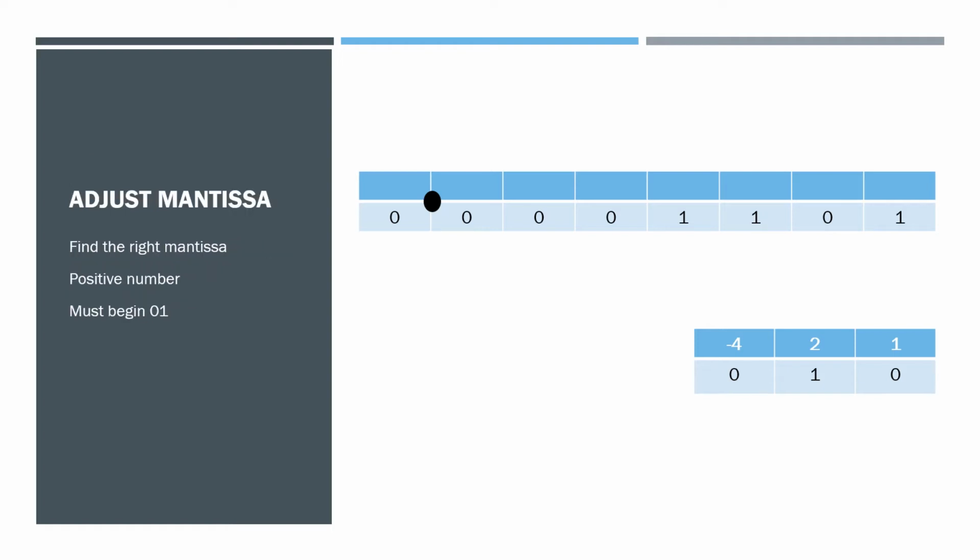Okay, so the first thing we've got to do is adjust the mantissa. I expect you can see it already, but let me highlight it. There it is. There's the correct mantissa that we need. Because this is a positive mantissa, it begins with 0. So we don't need all those zeros at the start. We just look for the first pattern of 0, 1.